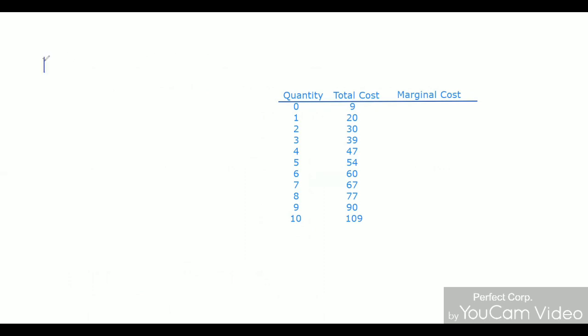We can calculate the marginal cost from the change in the total cost due to a small change in Q. Remember, here I have used the triangle sign. This is because the quantities that I am considering here are discrete quantities.